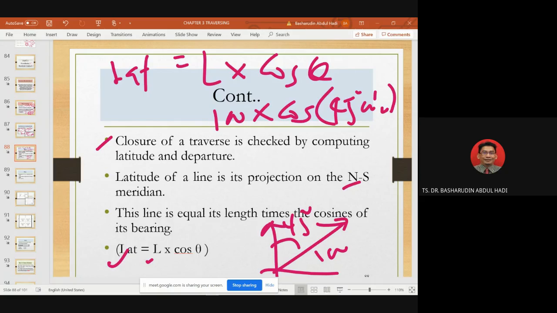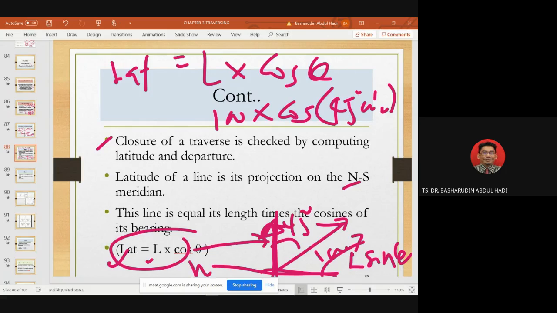So this is how you calculate latitude, in the northing to southing direction. For the other direction, we use L sine theta, which is from west to east.